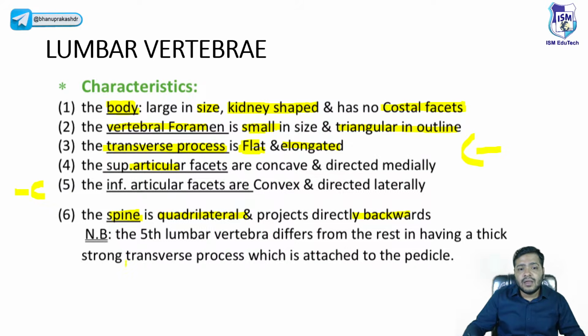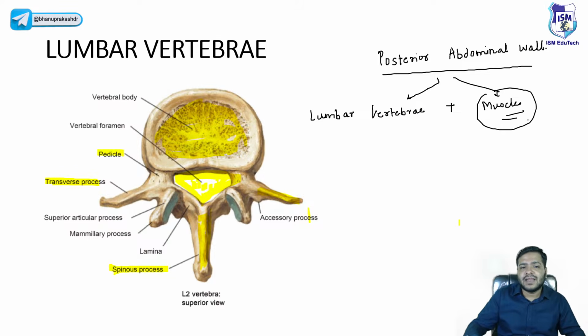Now, a very important part: the fifth lumbar vertebra differs from the rest in having a thick, strong transverse process which is attached to the pedicle. You can see the joint attachment.